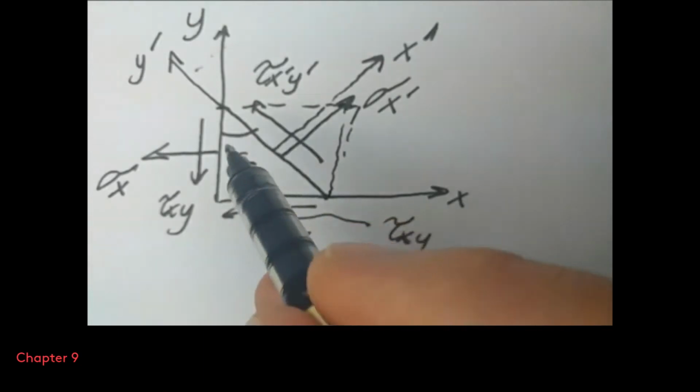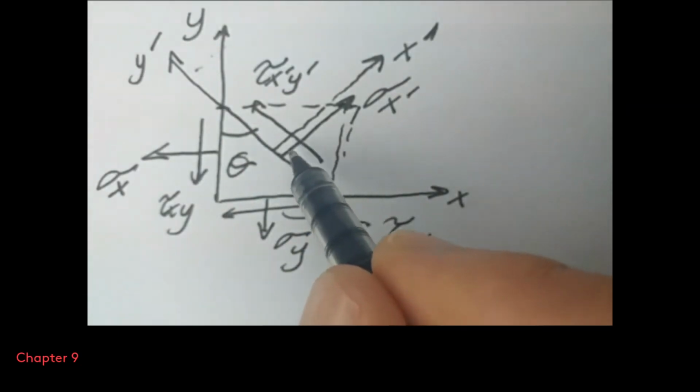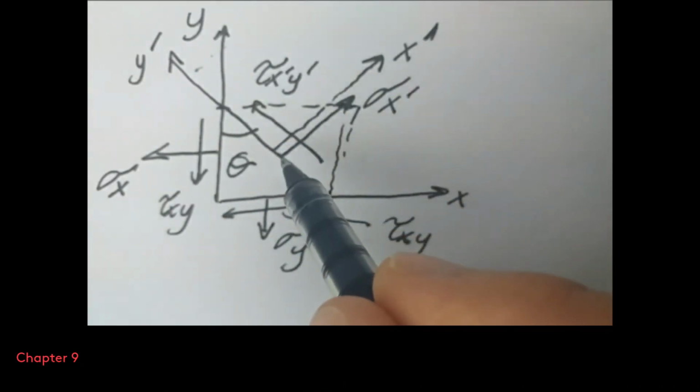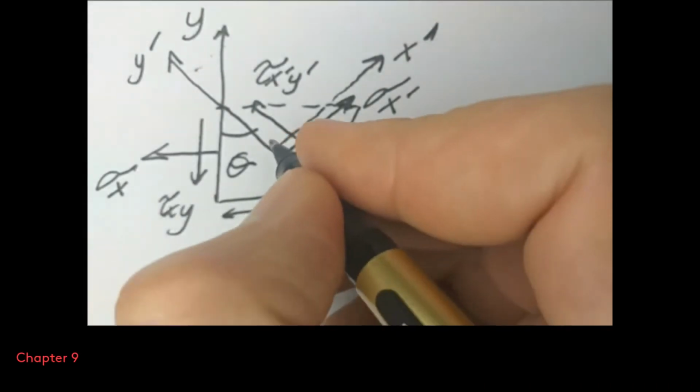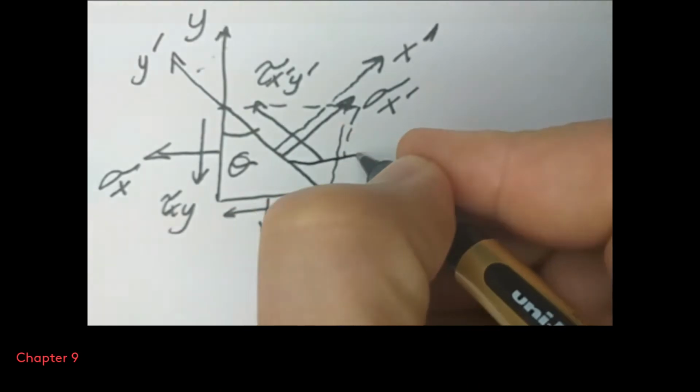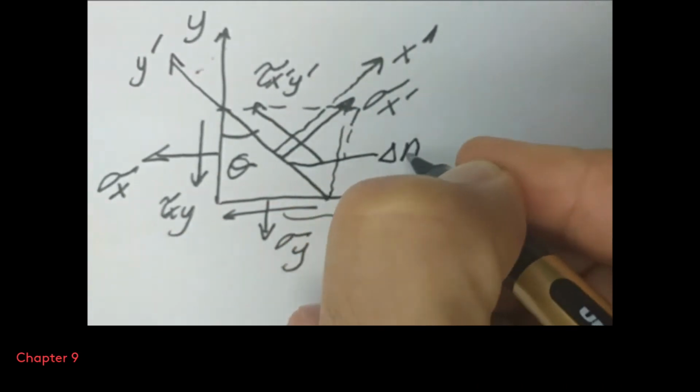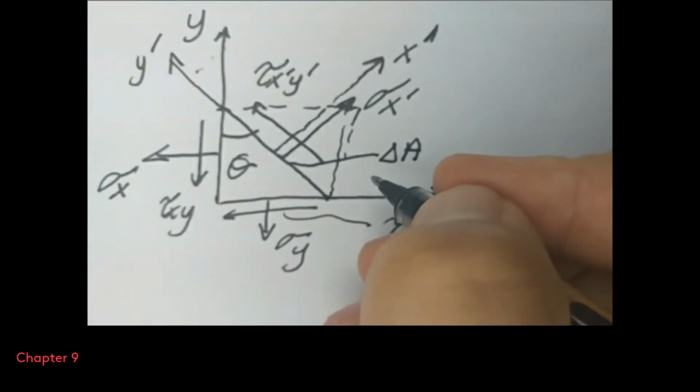Now let's say that this face has an area of delta A. Okay, so it's plane, but it has a unit thickness. Just hypothetically, assume that it has such kind of an area.